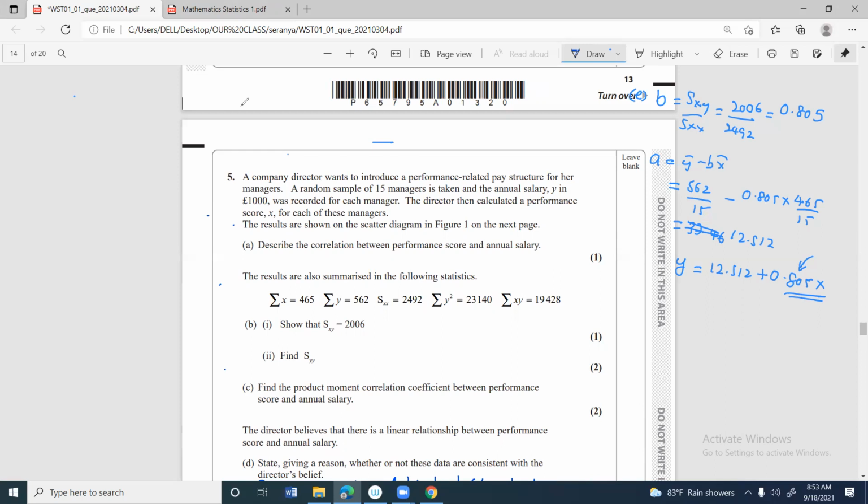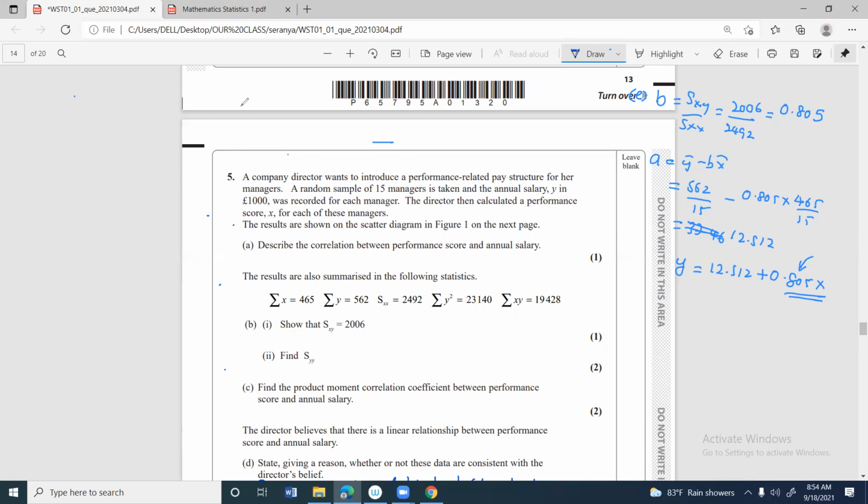So here, if x is increased by 1 unit, what would be the increase of y?